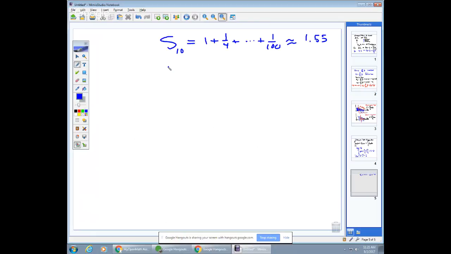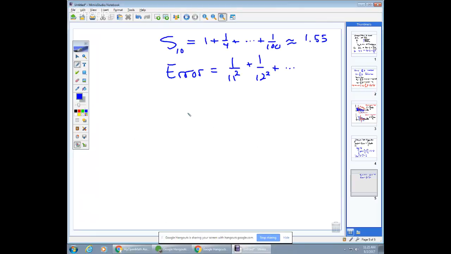The error for that, well, that would be 1 over 11 squared plus 1 over 12 squared going to the right forever, right? So that's the problem. It keeps going forever, which means I can't actually calculate the whole thing. All we know is that it's a fixed number. We just don't know which number it is yet.